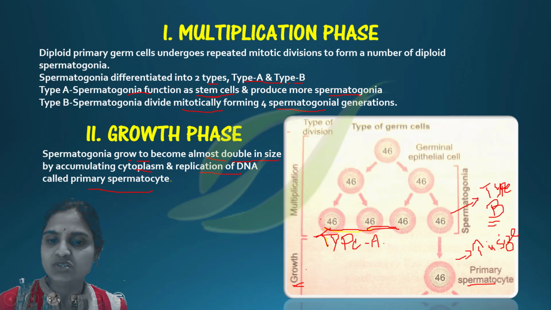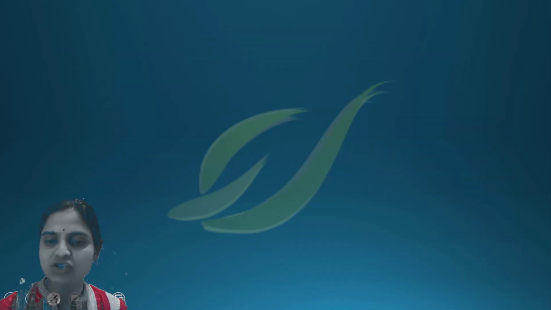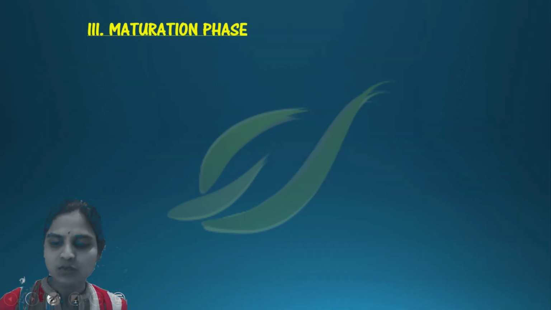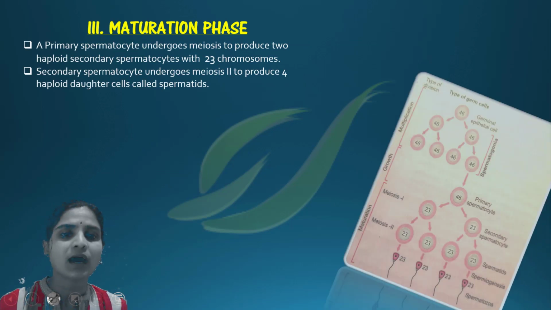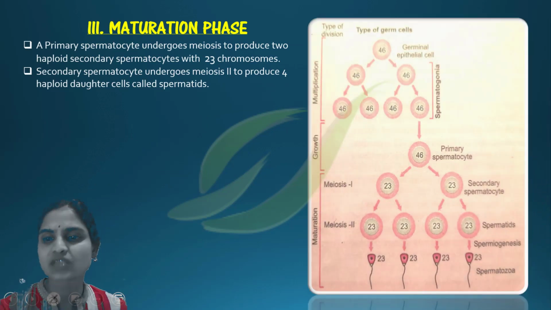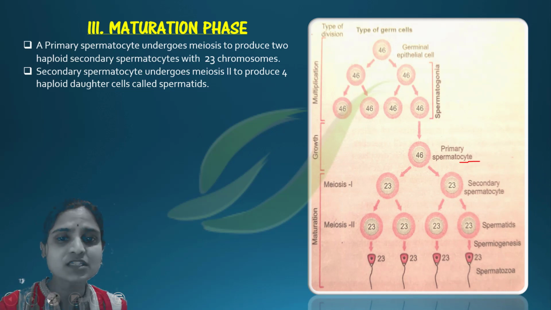So two steps are over, that is the multiplication phase and the growth phase. The next phase is the maturation phase. Coming to this maturation phase, this is a primary spermatocyte. This primary spermatocyte will undergo meiosis 1.